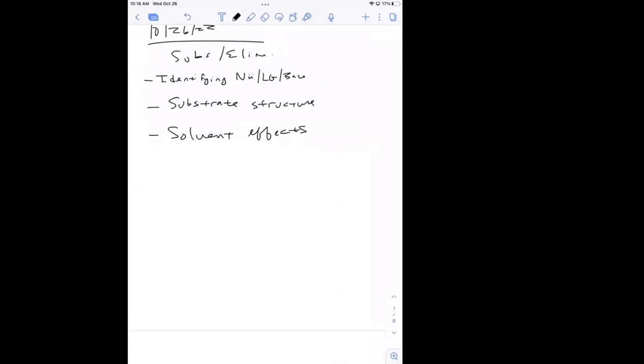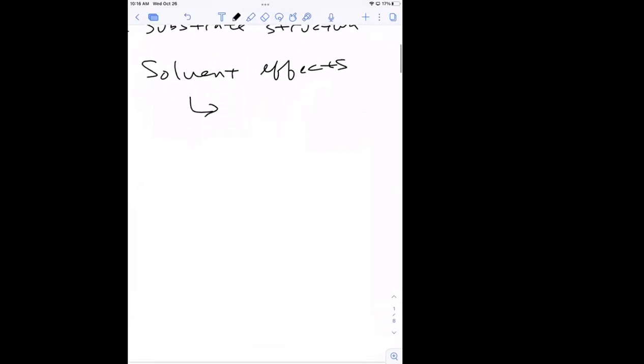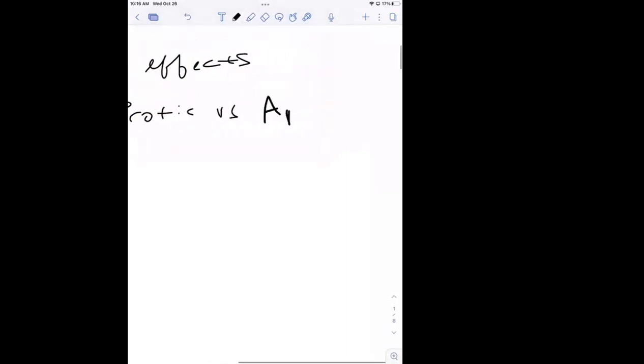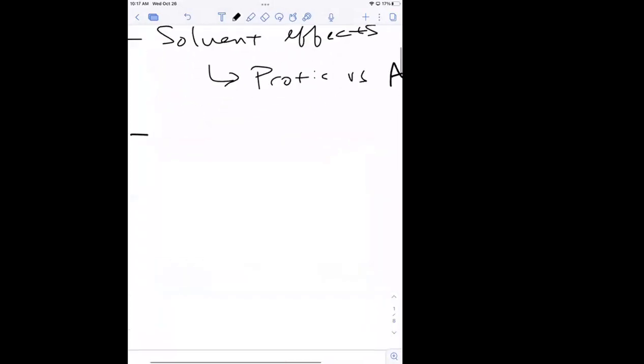The key there is going to be identifying what we call protic and what's aprotic. So protic solvents and aprotic solvents. That's going to be something that we're going to pick up from this. Protic versus aprotic, and then rate law.